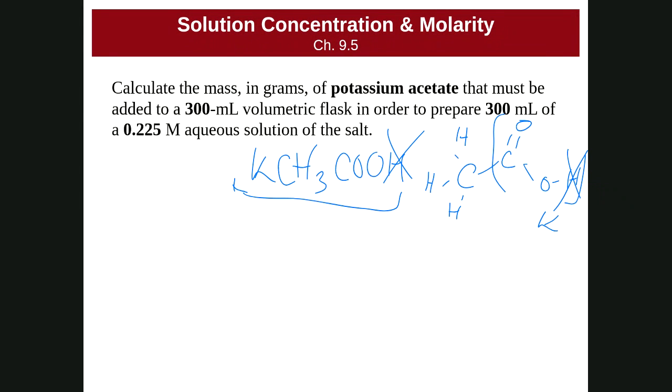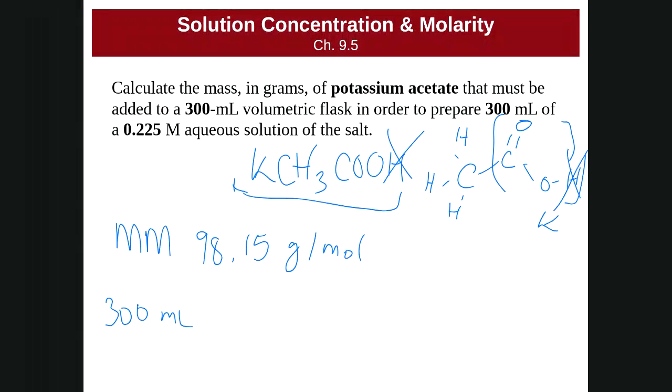Okay, so our molar mass of potassium acetate is 98.15 grams per mole. And so we want a 300 milliliter solution, which is the same as, I'm going to move my decimal point over 3 places, get rid of our milliliter, make it just liters, times 0.225 moles per liter.